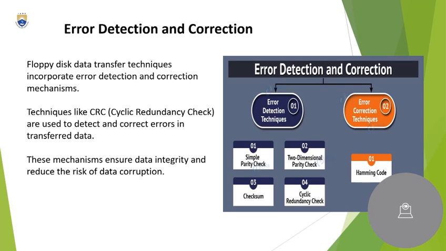In error correction techniques, we have Hamming code. So this is the classification of error detection and correction. Now let us go to our next slide.